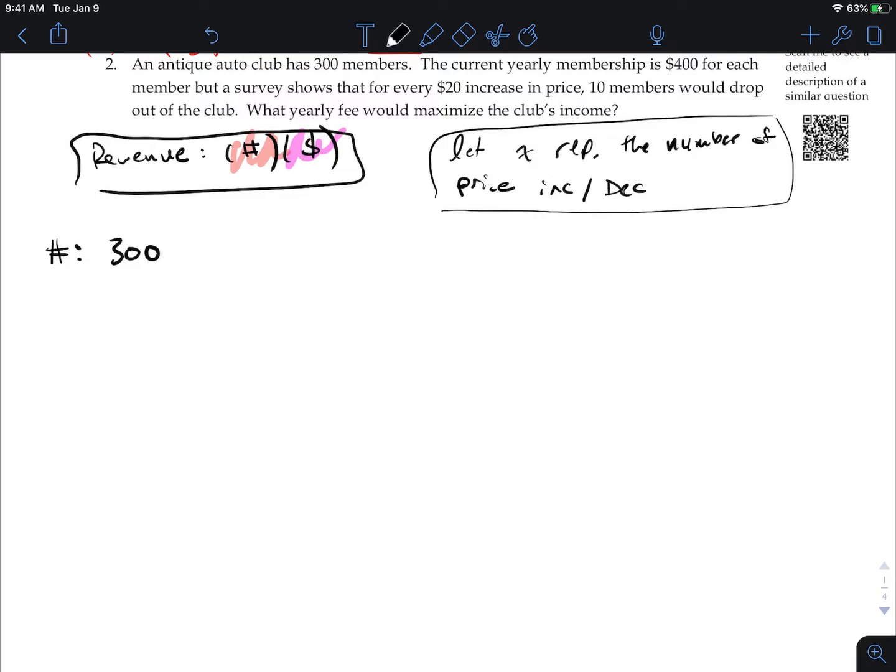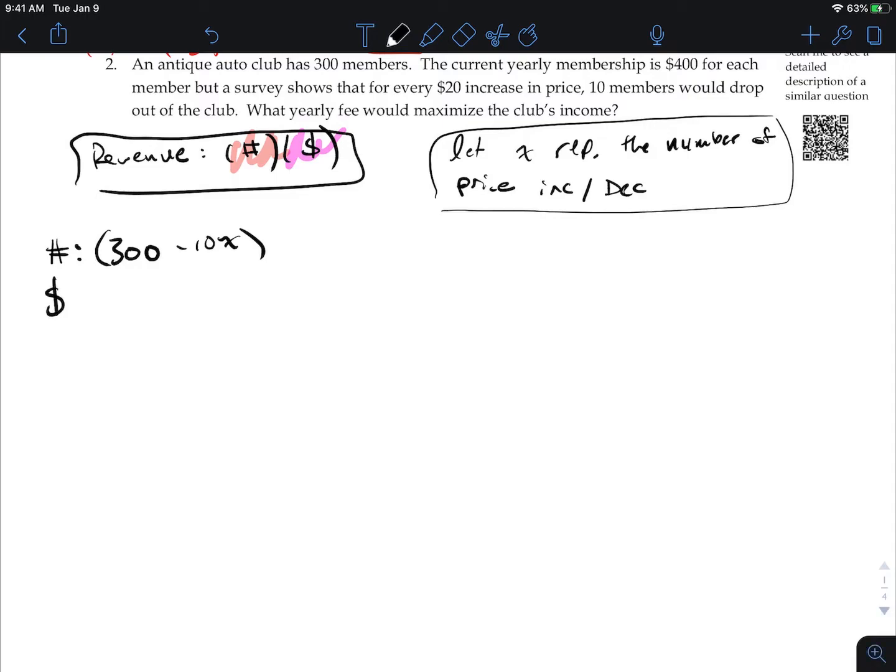And then they say if I increase the price by $20, 10 members are going to leave, so minus 10 for every price increase. What did I say price increases were? x. Perfect.